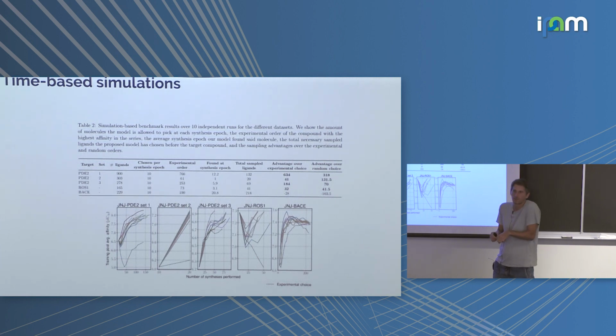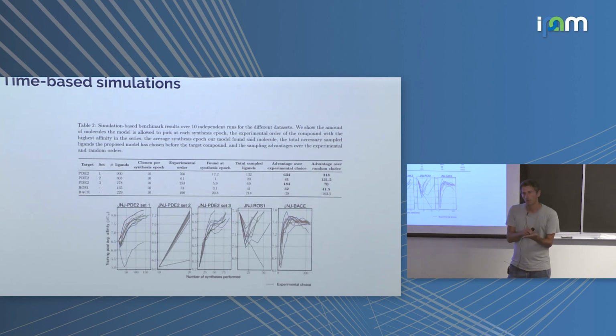We start from the first molecule, and we take the 10 closest to that in terms of fingerprints or something, and then we rank them based on the algorithm, and then we pretend that we synthesize them. Now we have the affinity of those. We retrain the model on the affinity of those, and then we take the 10 closest to the best one of these, and so on and so forth.